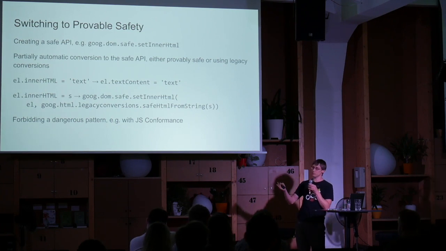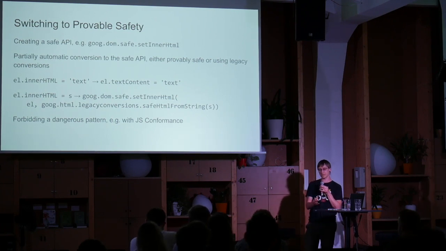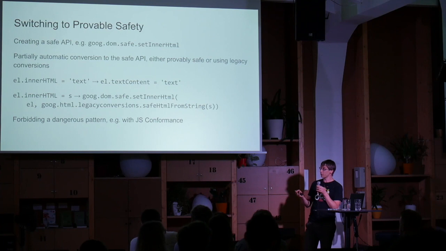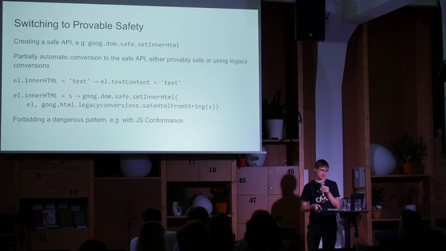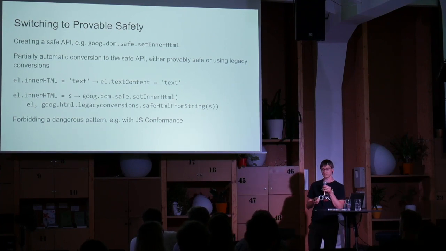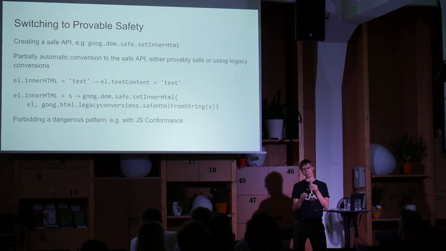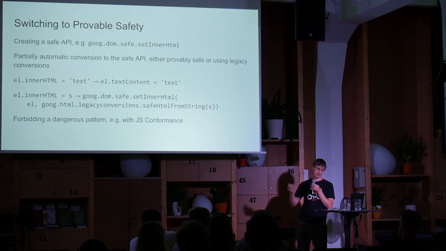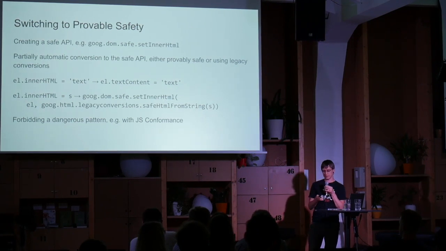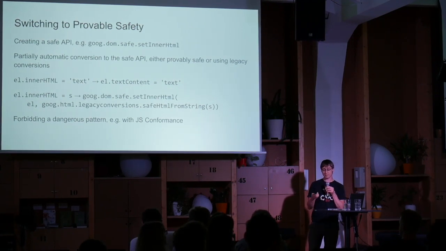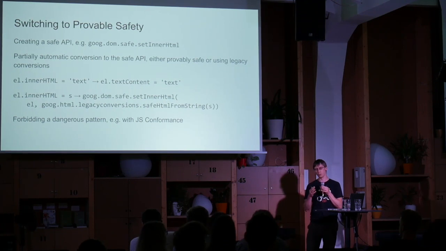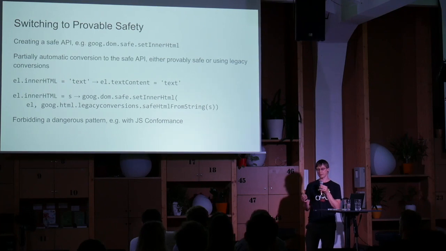So we convert what is possible to provable safety, and the instances that are not possible to convert to provable safety without much effort, we use the legacy conversion for them. So we convert everything to the new safe API, eventually calling legacy conversions if that's necessary, and then we can ban the old pattern, which means that all new code couldn't use the unsafe API, right?